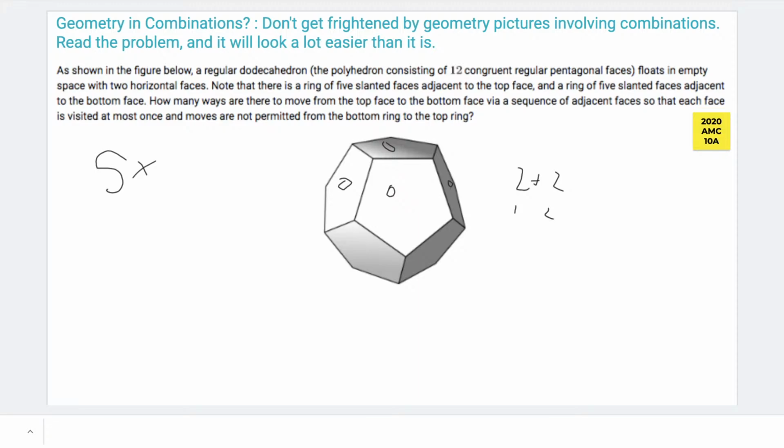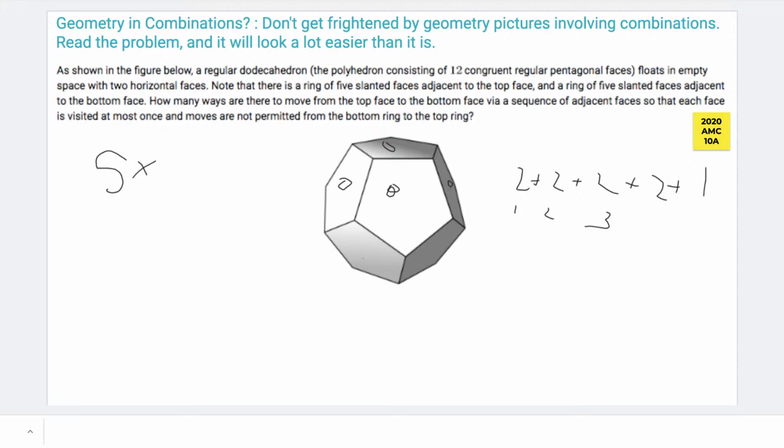And for 3 pentagonal faces, there's still 2 ways. And for 4, you just go around the whole thing either one way or the other way, clockwise or counterclockwise. So plus 2. Or you don't even do that, or just go down immediately, and that's a separate case.